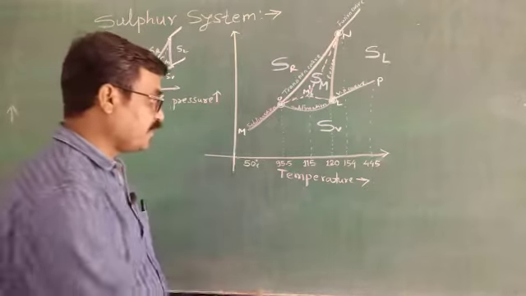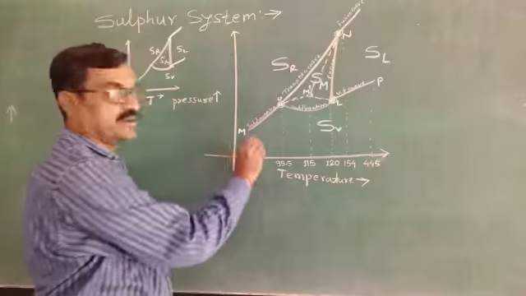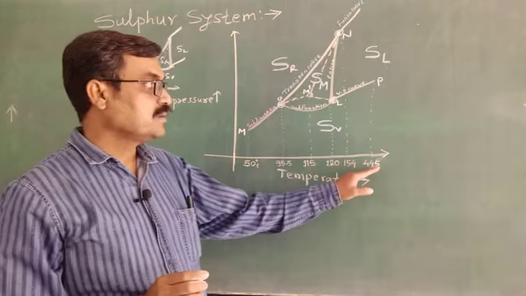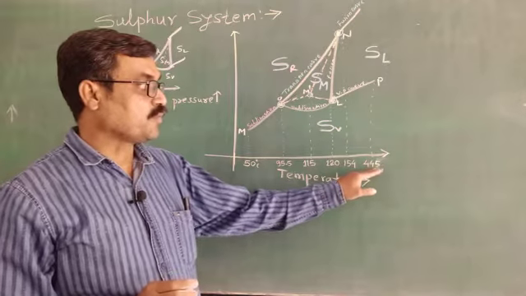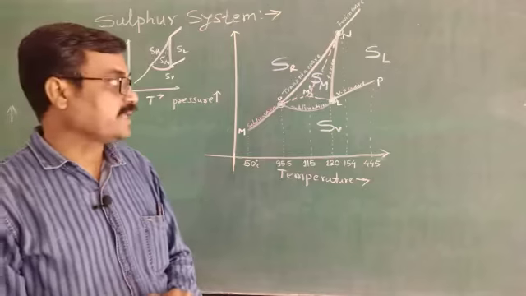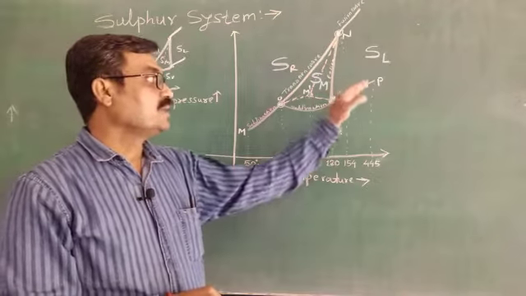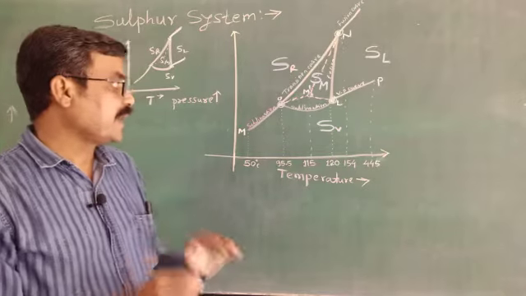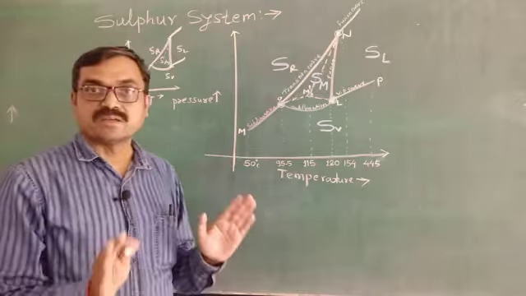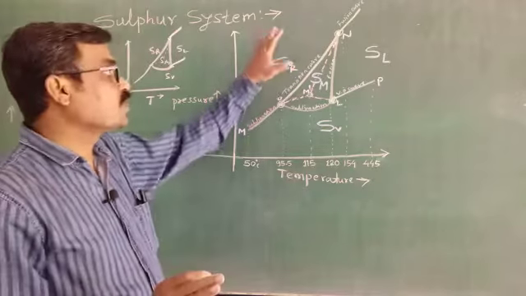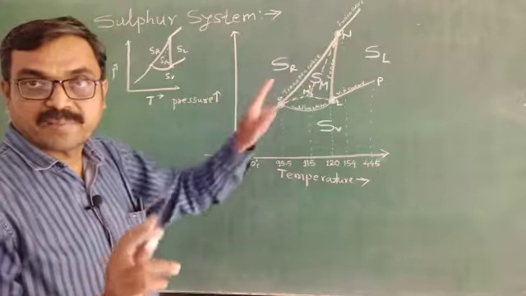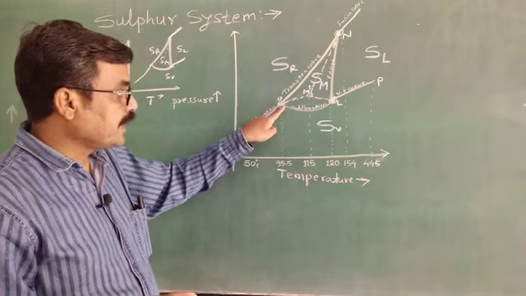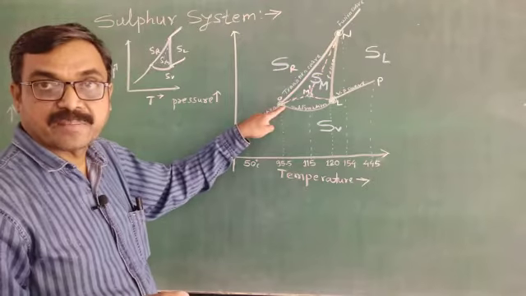If we plot a graph of temperature versus pressure, then there is a temperature, 445 degrees Celsius, that is the boiling point of sulfur. Initially sulfur exists in a solid form, and there is equilibrium between sulfur rhombic and sulfur monoclinic, and this is the transition temperature.